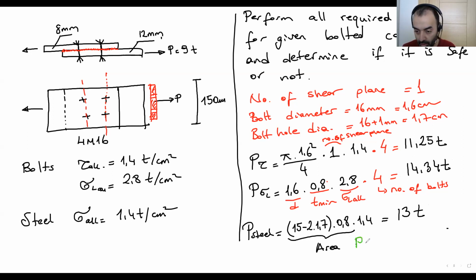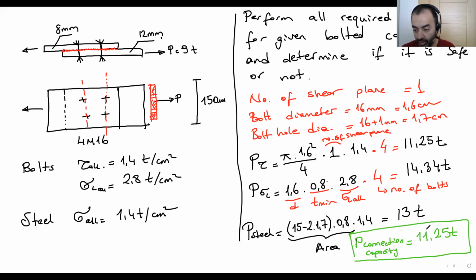So the connection capacity is, when we compare all these numbers, the minimum of all these three capacities gives us the connection capacity. This is the connection capacity. Okay, is it safe or not?